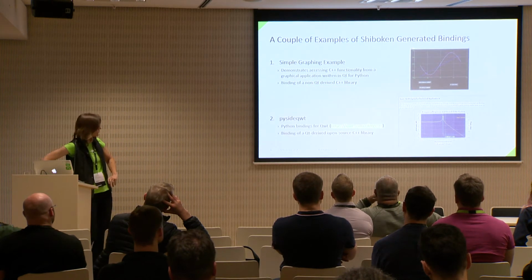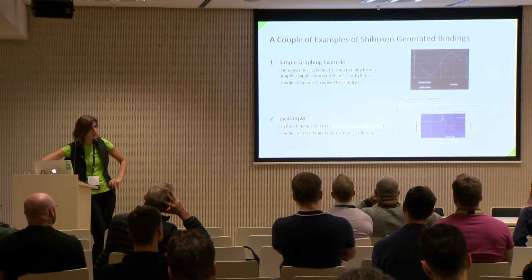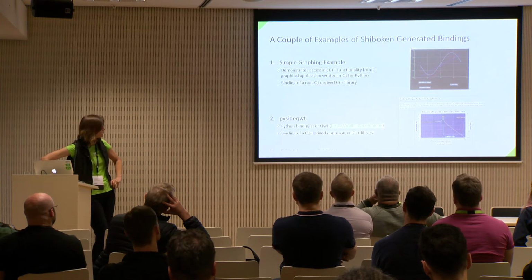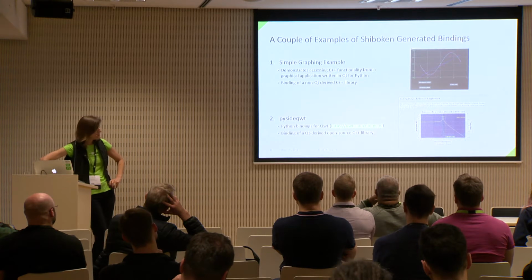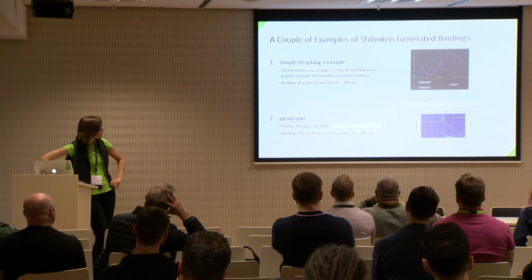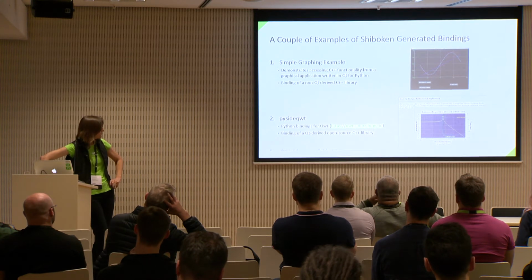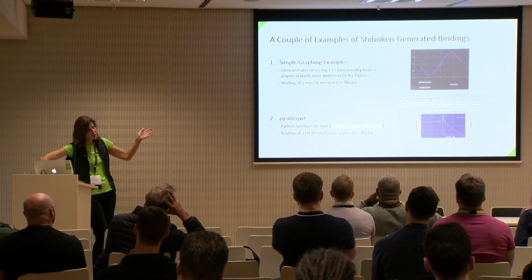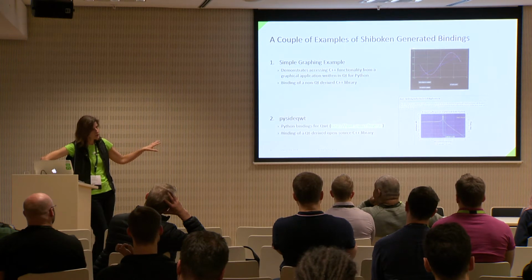Okay, so I'm going to go over a couple of examples. The first example is a simple graphing example that demonstrates accessing the functionality of a C++ library from a Qt for Python graphical application. This is a pure C++ library that did not have any Qt in it.